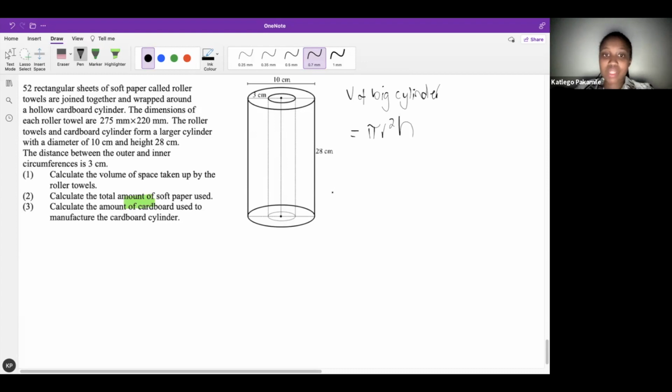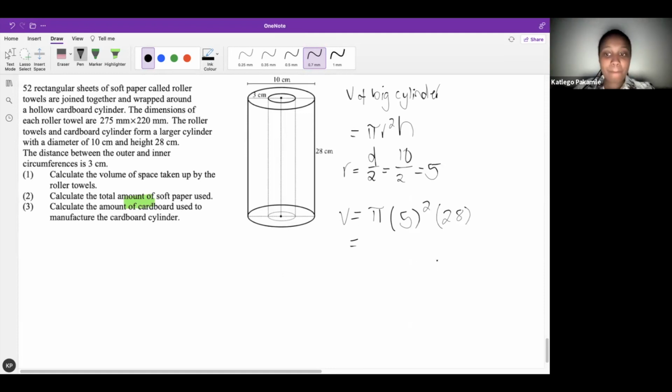It's 5, okay? So radius is, again, diameter divided by 2, which is 10 divided by 2, which is 5. So then here we're going to substitute pi times 5 squared. And what's my height? 28.